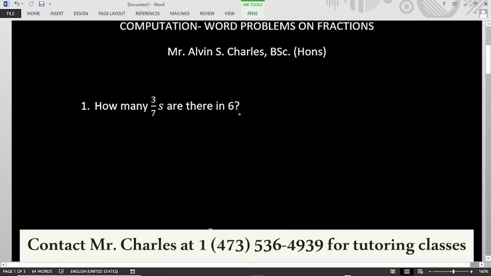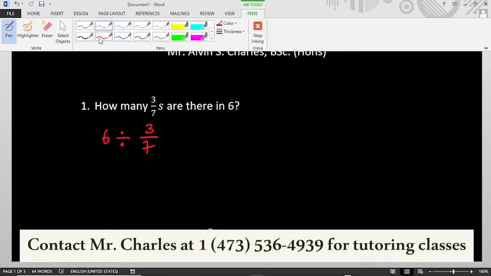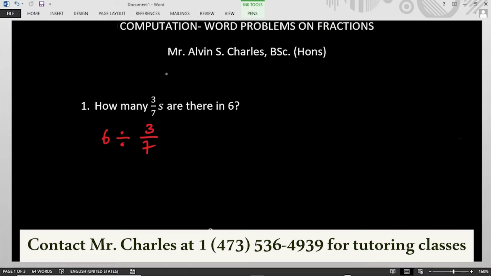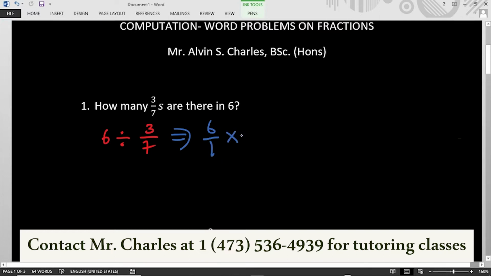So what we have to do is take 6 and divide it by 3/7. 6 is the same as 6/1, so 6 divided by 3/7 is the same as 6/1 multiplied by 7/3, because we have to change the division sign to a multiplication sign, and after doing that we have to reciprocate the fraction to the right of the division sign.